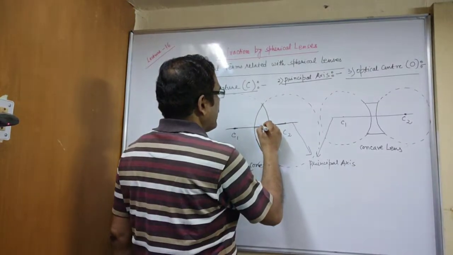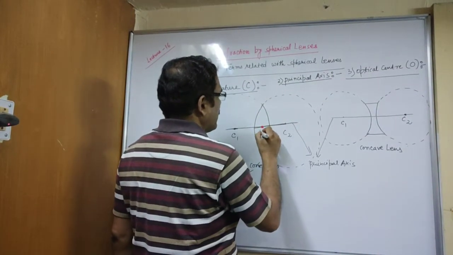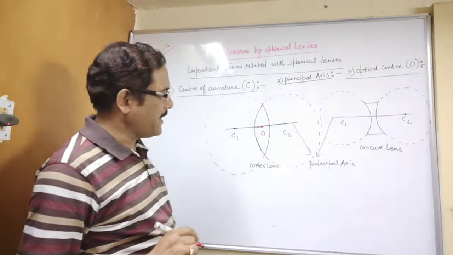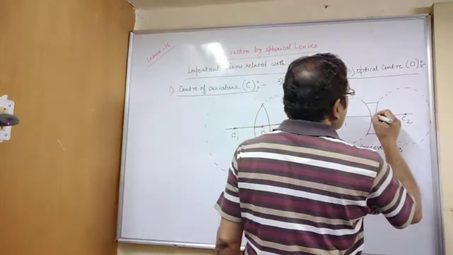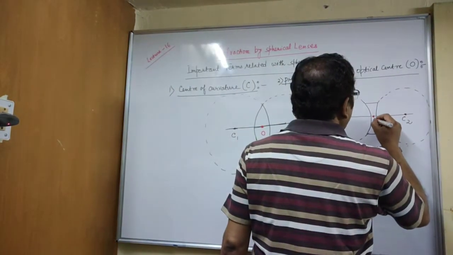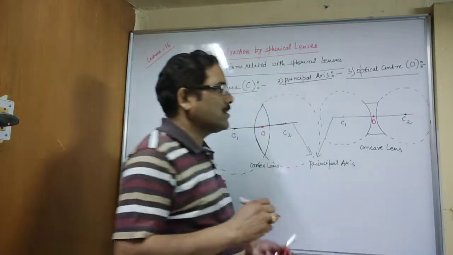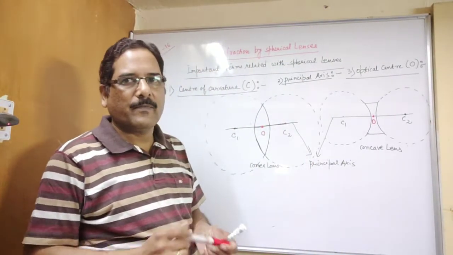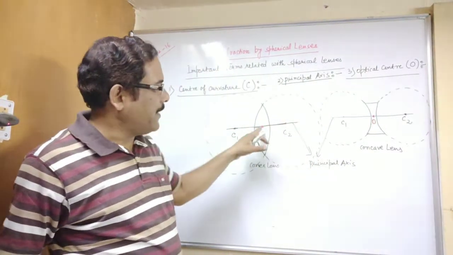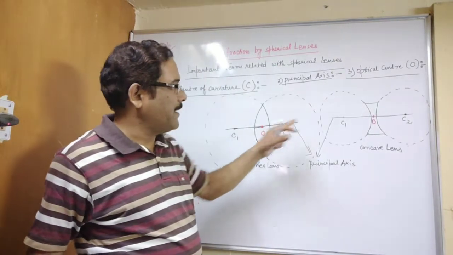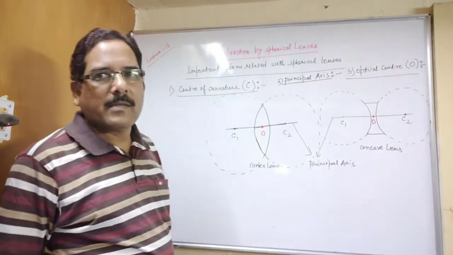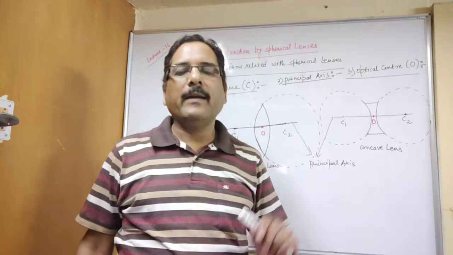So mark a point O at the center of the convex lens, and here also mark O, the center of the concave lens.